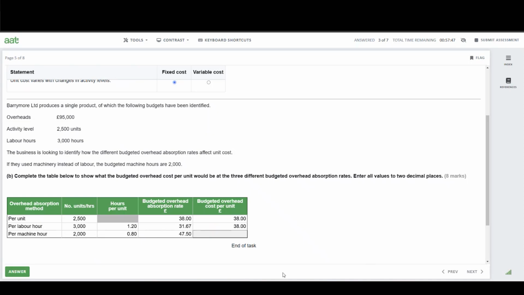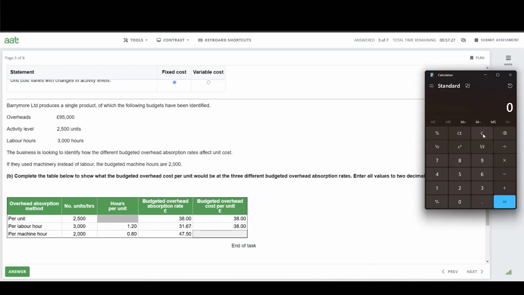And then our last one, the budgeted overhead cost per unit. It takes less than 1 machine hour to make a unit of product. So that means we'll be absorbing less than an hour's worth of overhead into each unit. Let's do that calculation again.